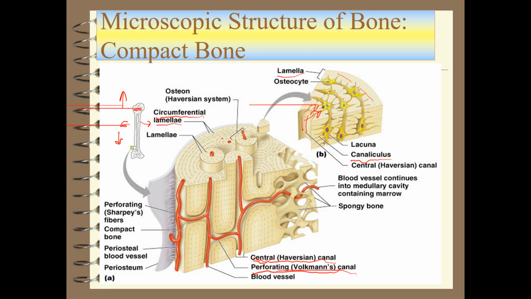Okay. Now, if you think about it, let's just say hypothetically, if I have this box here and I'm trying to fill it with circles, you see that there's going to be some spaces in here. I'm not going to be able to fill up that entire area with just those circles. So there's going to be these spots that aren't part of an osteon. They're going to be filled up with lamellae that are called the interstitial lamellae.